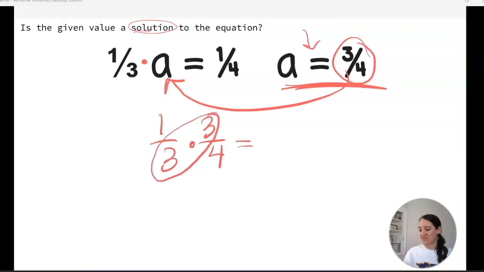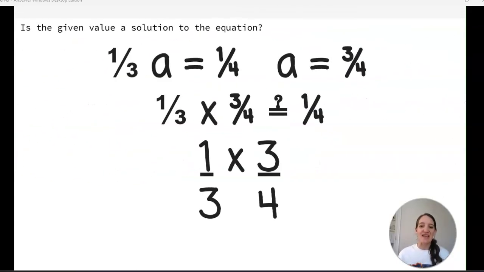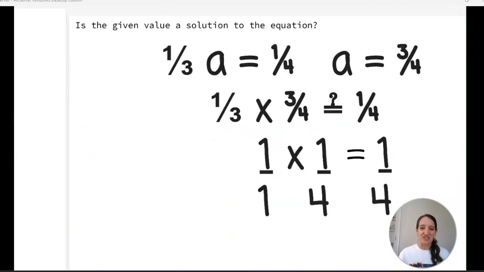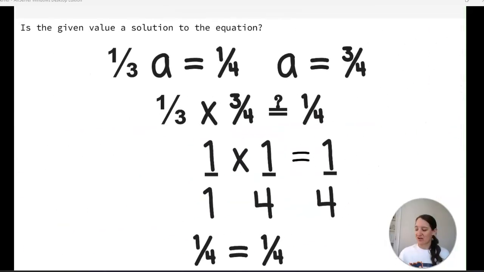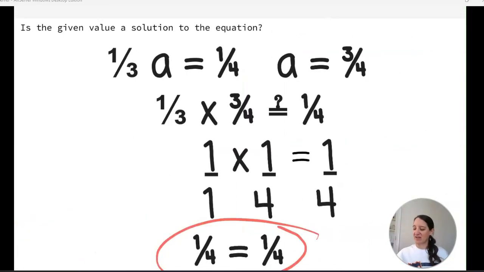Oh, we are going to simplify that right there, aren't we? Divide them both by 3. We end up with 1 times 1, which is 1, and 1 times 4, which is 4, which is what the equation says the other value is. So 3/4 is a solution to the equation. 1/4 equals 1/4.